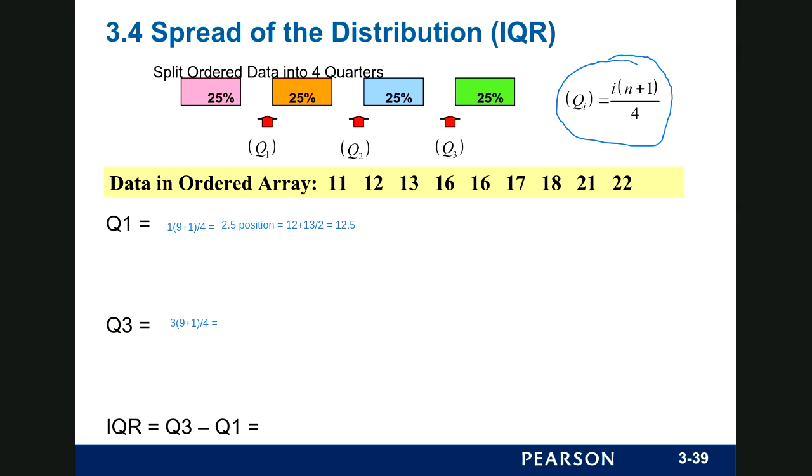Okay. So 3 times (n plus 1), 9 plus 1, that's 10 times 3, 30 divided by 4 should be 7.5, right? Just check your work again. 7.5. Yeah. Now that's the position. Did you have a question for me? No, I forgot to add the 1.